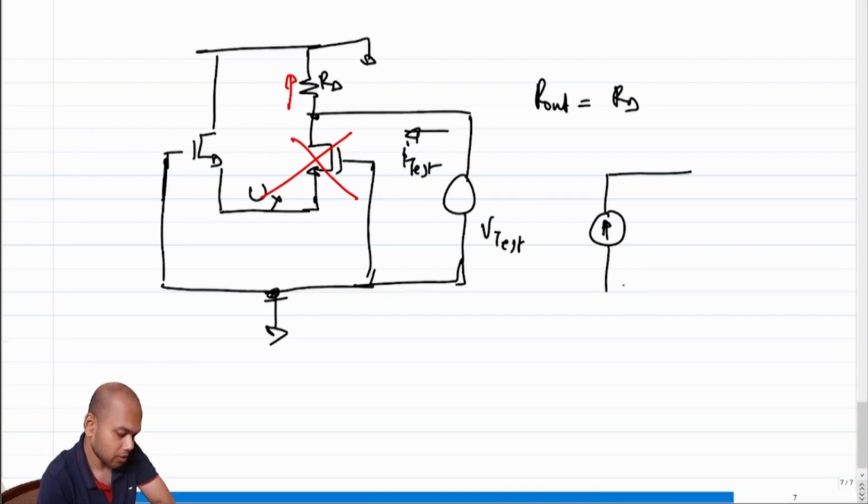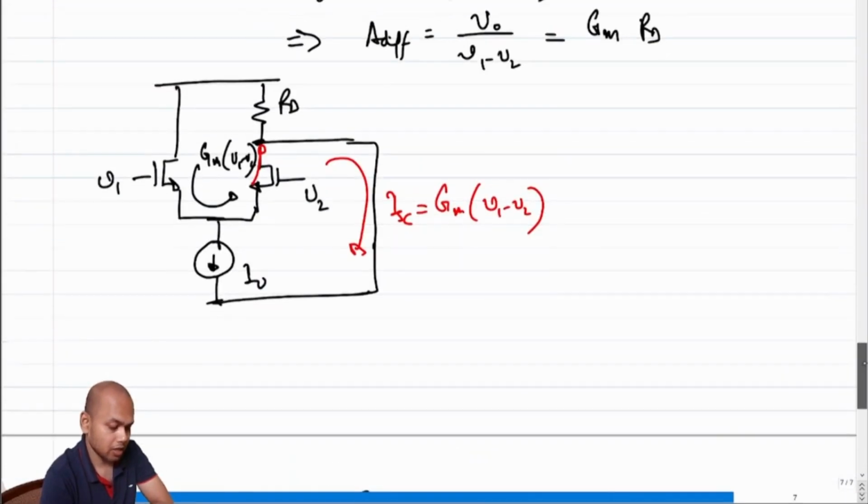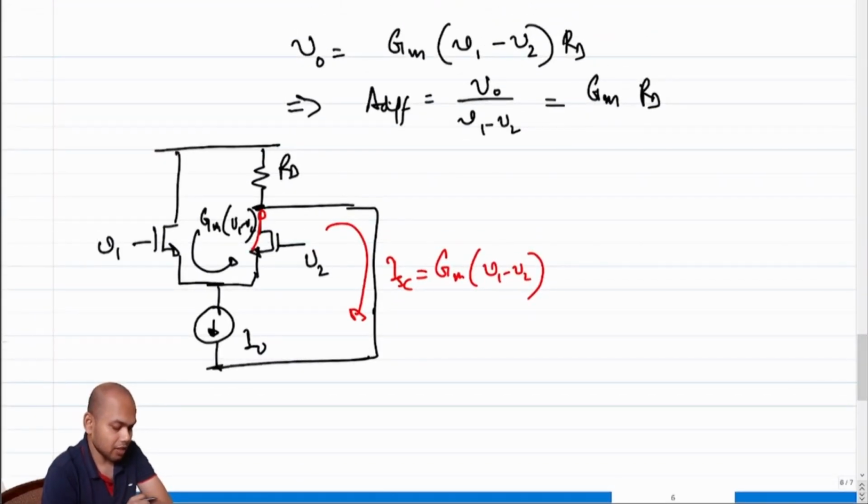The short circuit current is a current source, and the output resistance is RD, this current source value is GM times V1 minus V2. Correct? Note the direction of the current, right? The direction of the current is flowing out, flowing into the load because the direction of the current is as shown here.